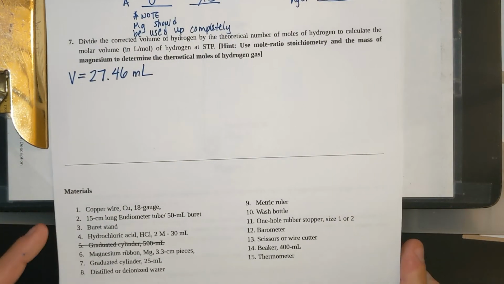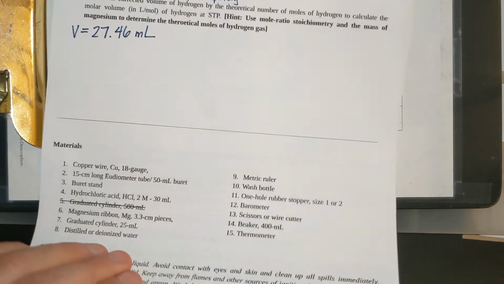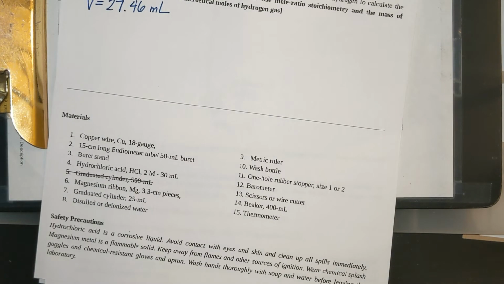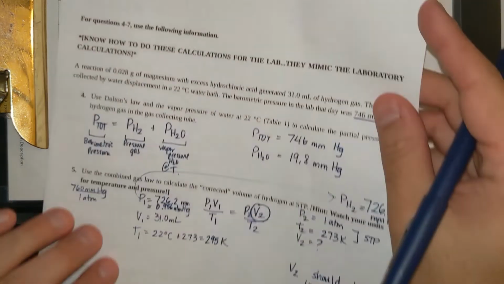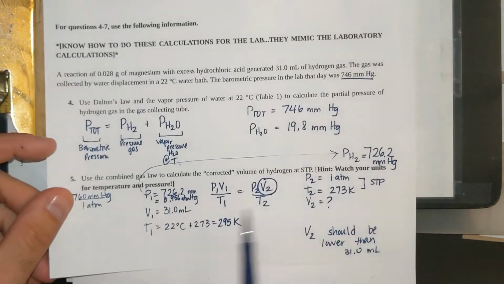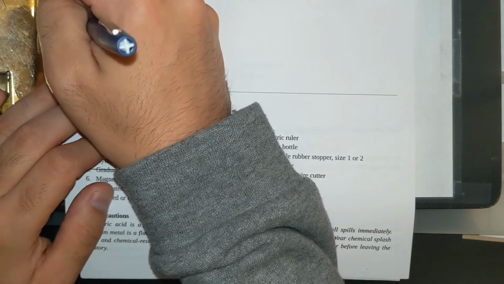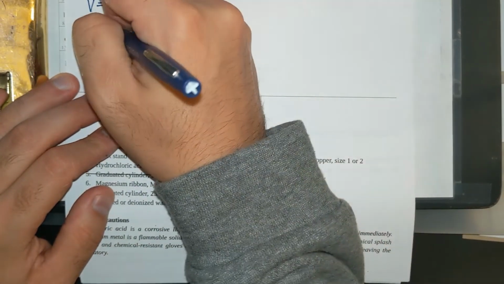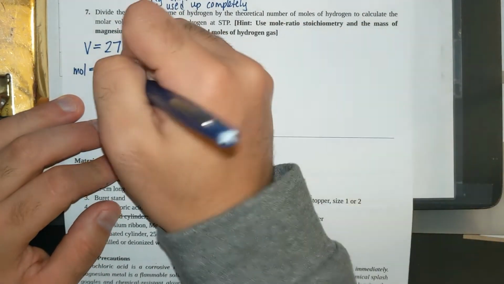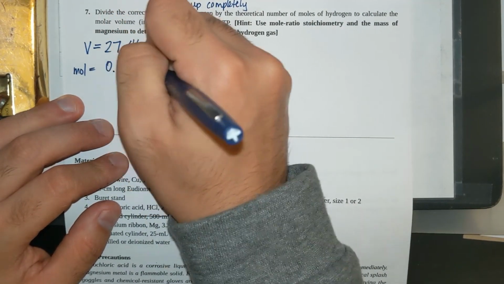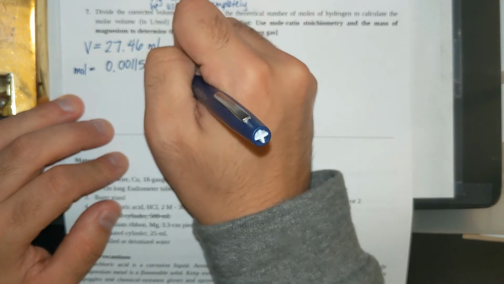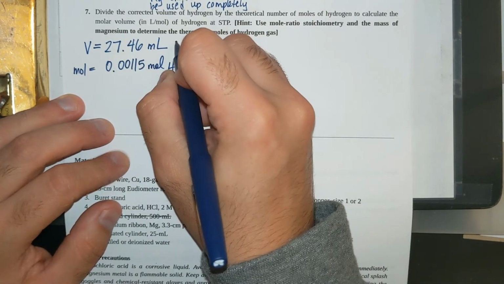So if you did question number 5 correctly, you should have got 27.46 milliliters here, which is lower than 31.0. And then the moles that you calculated is 0.00115 moles of H2.